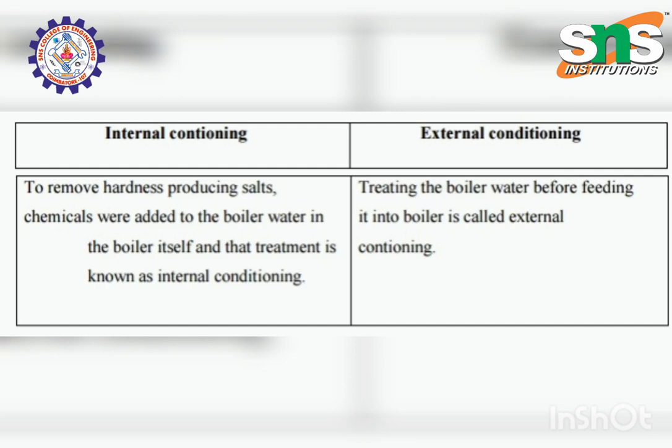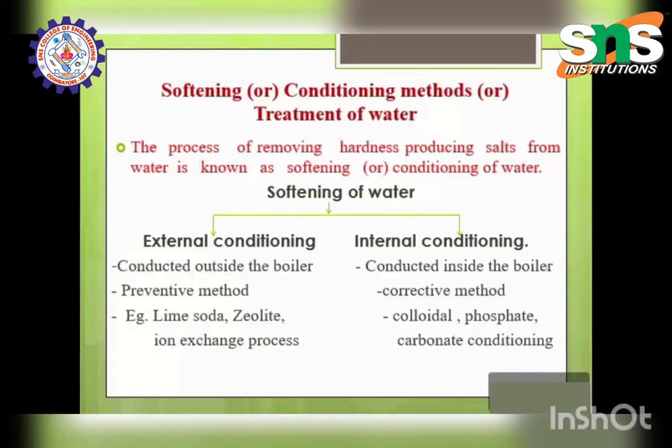The soft water produced by lime soda and zeolite process does not contain hardness producing substances like calcium and magnesium ions, but it will contain other ions like sodium, potassium, sulfate, chloride, etc. On the other hand, demineralized water does not contain both anions and cations. Thus, soft water is not demineralized water, whereas demineralized water is soft water.